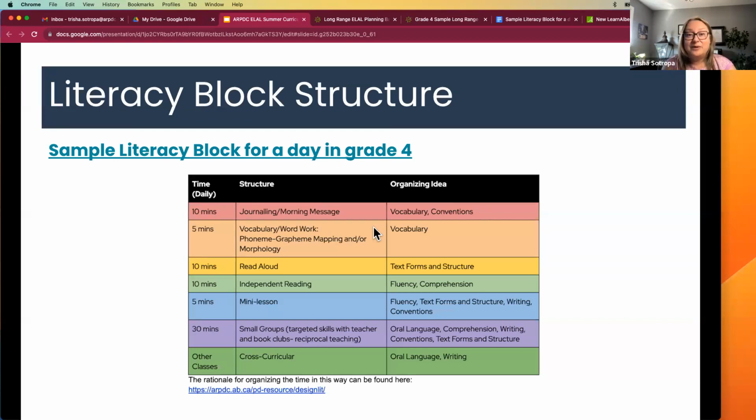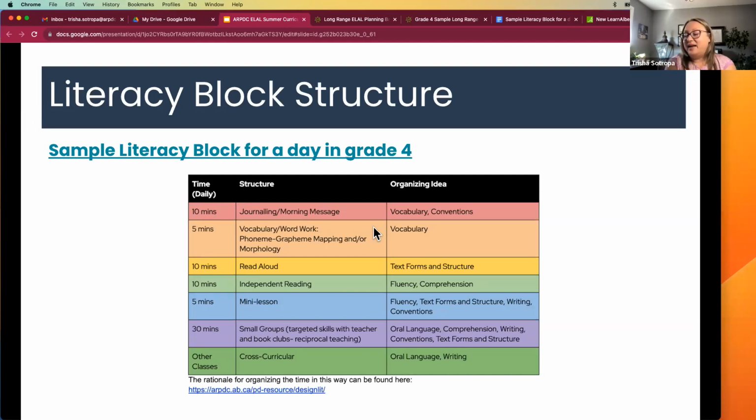And when they hear fluency being modeled, they're more able to do that back for you. So I'll explain how I do a read aloud and then give them a chance to practice to become more fluent. Then some time for independent reading, then a quick mini lesson that gets them into their small group work where they can practice what you've explained in the mini lesson.